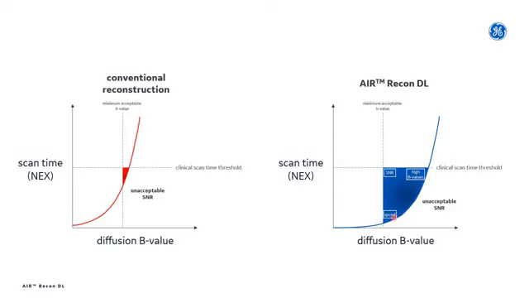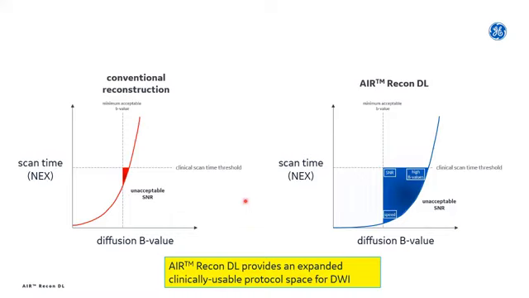You have a larger protocol space where you can get higher SNR or higher b-values or a faster scan, or really some combination of all three together, things that you simply couldn't do in this small red parameter space with conventional reconstruction. And so I think I'll close it there.